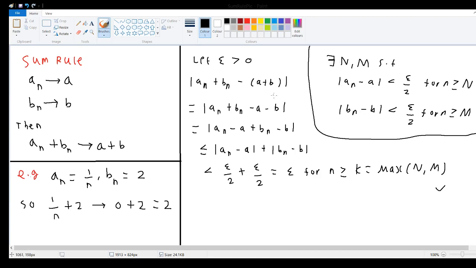And in general it's a good idea to start by writing out the modulus of a_n plus b_n minus a plus b, etc., and write all that out until you get to this sort of step here where you start using the triangle inequality, and then you can come back up here and you can see what you need. So once I get to here, the modulus of a_n minus a plus the modulus of b_n minus b, I then know that I want to use epsilon over 2 and epsilon over 2 to leave me with that final epsilon.